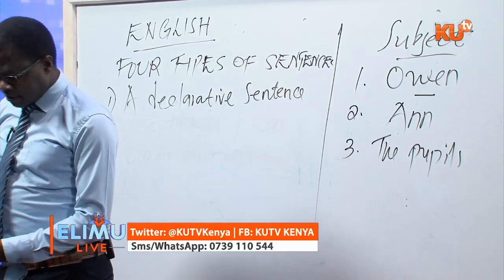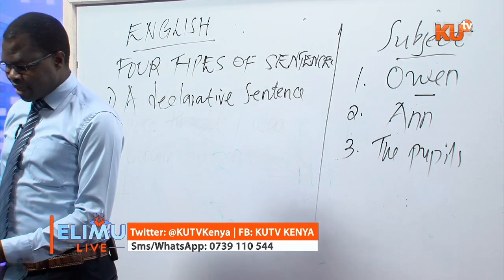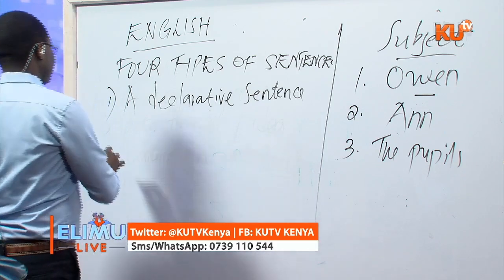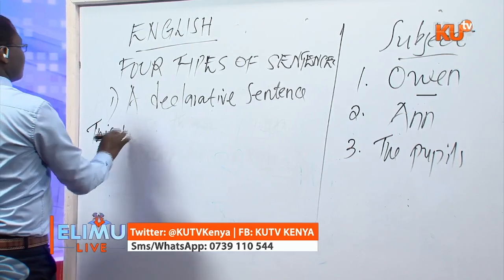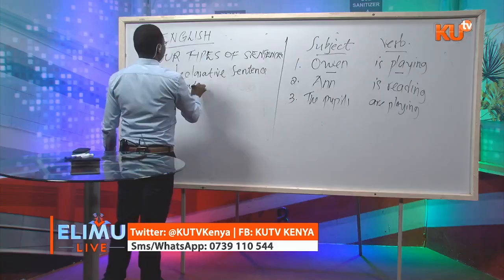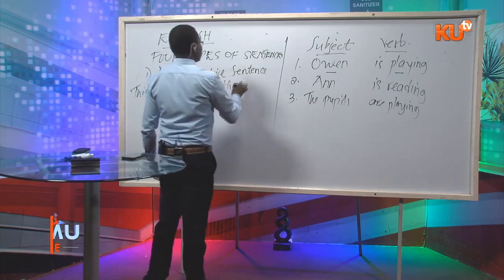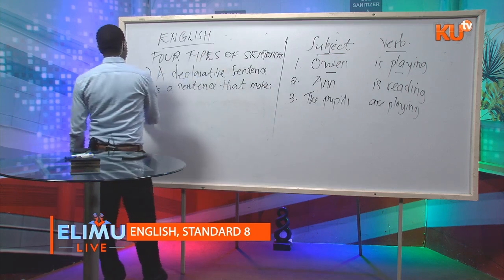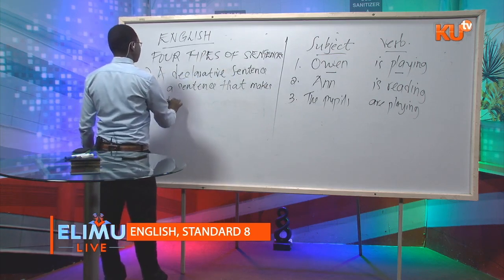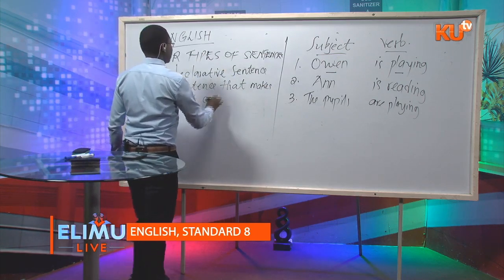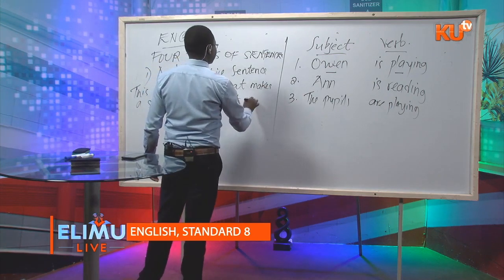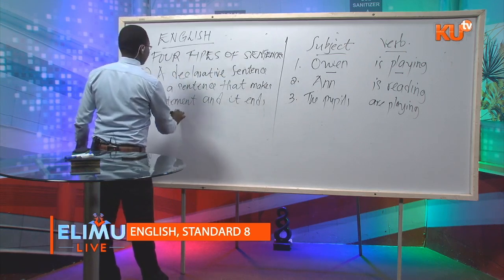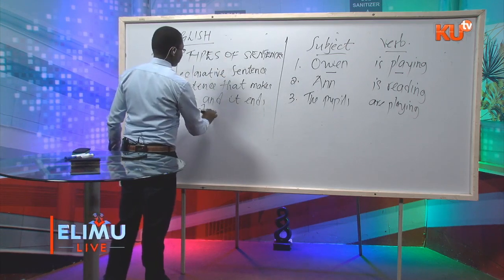A declarative sentence is a sentence that makes a statement and ends with a full stop.